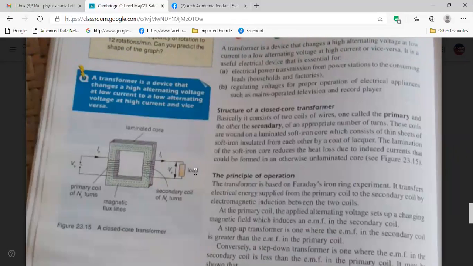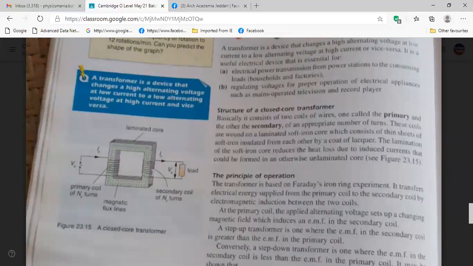Purpose is like, for example, we require 5 volt, but our source voltage is 10 volt. So what we do, we give the number of turns according to our need. We know one thing about induced EMF, that the induced EMF depends on the number of turns.